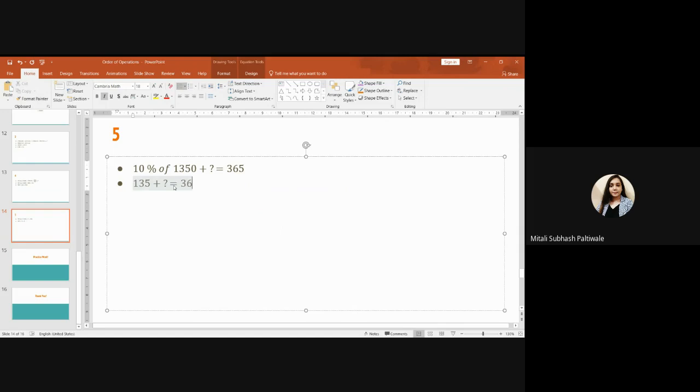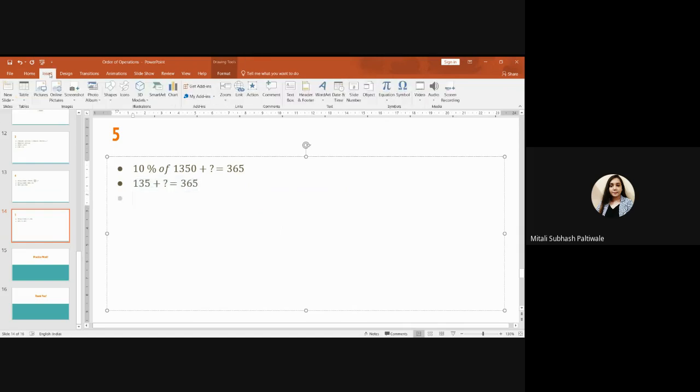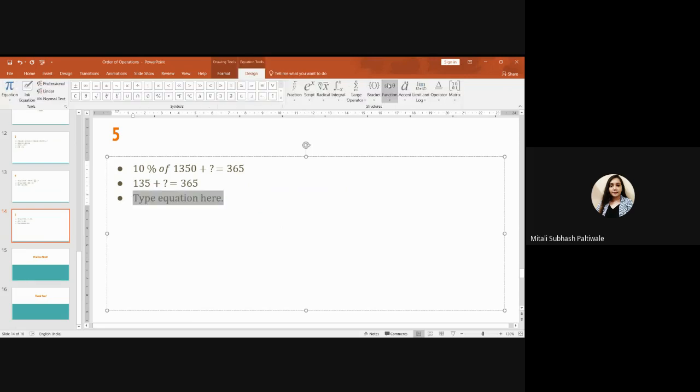Sorry. Now, what we need to do is we just need to subtract 365 minus 135, which will give me the answer as 230. And what will come in place of the question mark? So the question mark will have 230 as the answer.